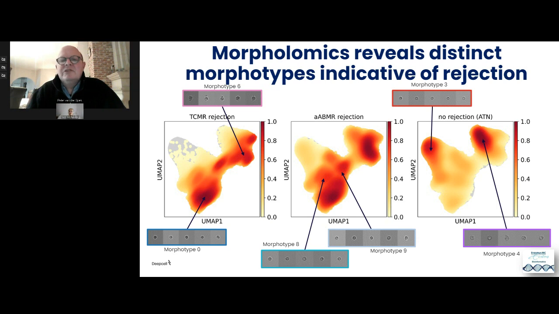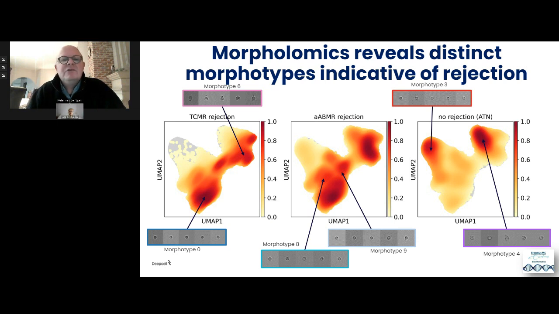What's already obvious is that in the bottom of this map you can see there's rejection, where the no rejection is pointing, with its morphotypes, way more to the top part of this UMAP.